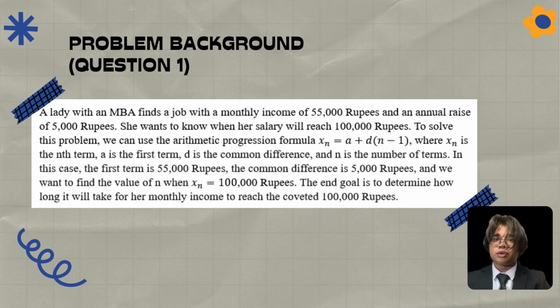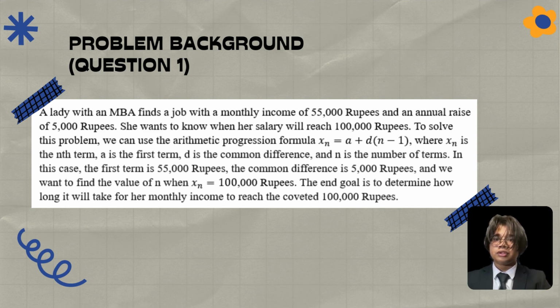To solve this problem, we can use the arithmetic progression formula xn equals a plus d times n minus 1, where xn is the nth term, a is the first term, d is the common difference, and n is the number of terms. In this case, the first term is 55,000 rupees.